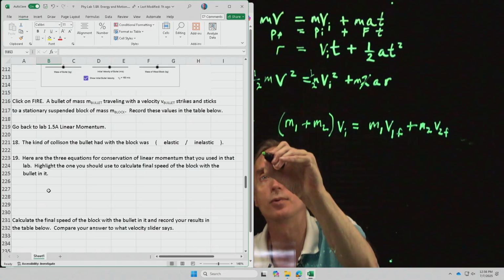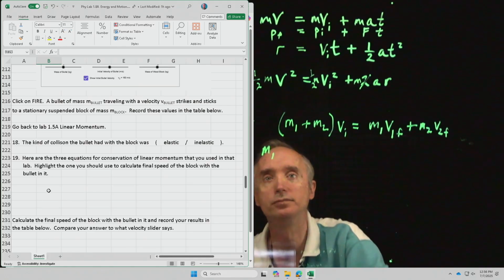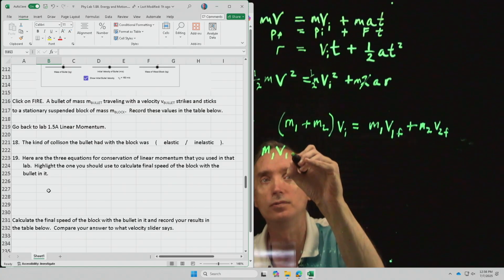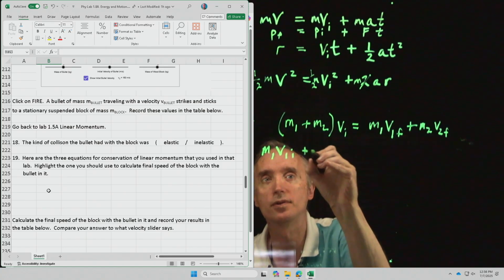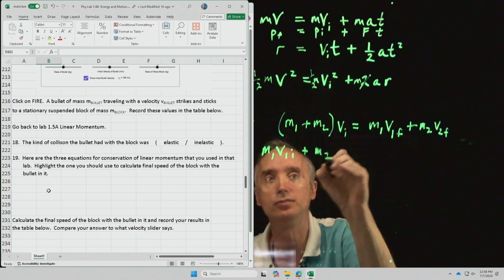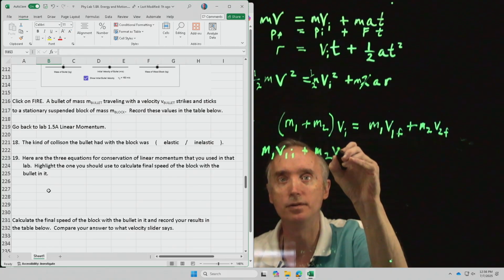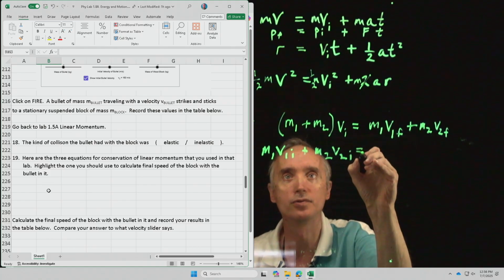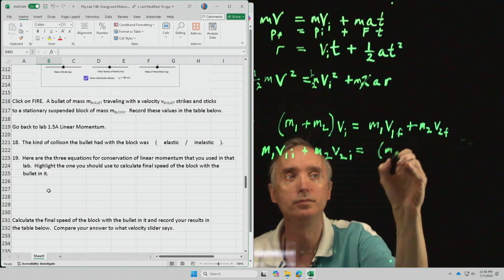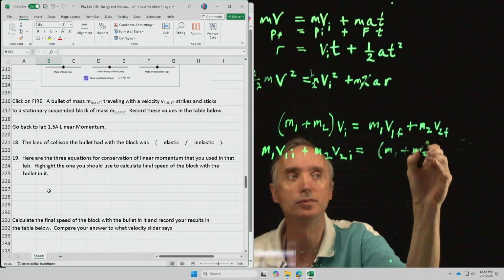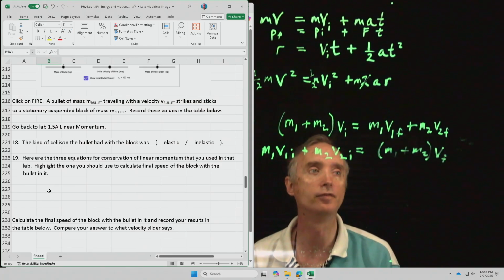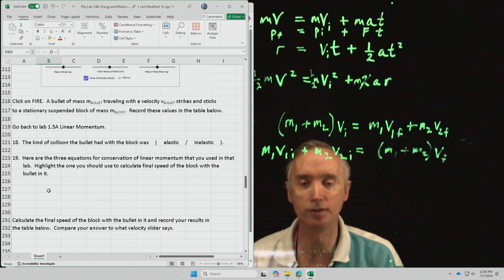We have the mass of particle 1 times the initial speed of particle 1, plus the mass of particle 2 times the initial speed of particle 2, equal to m1 plus m2 times the final speed of them put together. That was another one of the conservation of momentum equations.